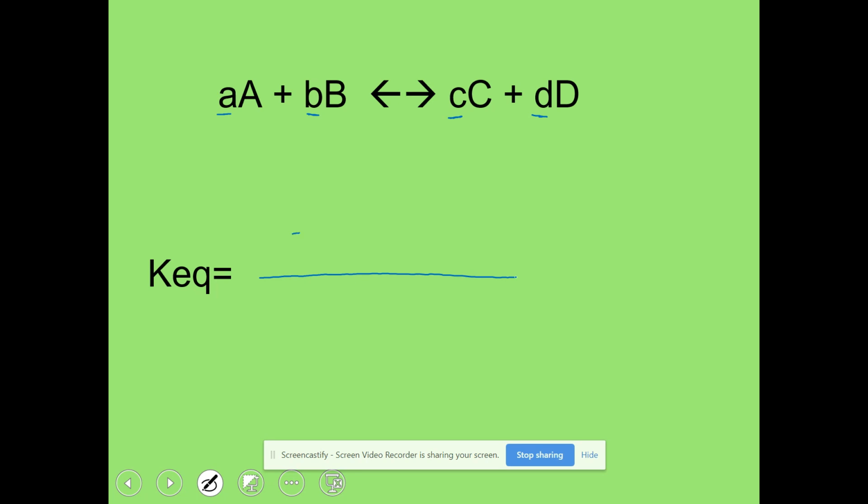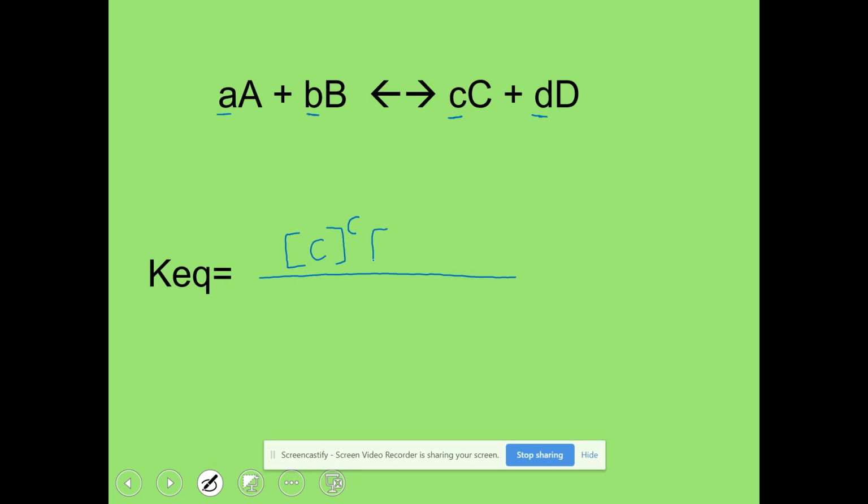So you have whatever the concentration of C, and we use brackets because the brackets mean the concentration of. And they found that it is raised to the power of its own coefficient. So if this is 1C, that's C to the first. If there's 2 moles of C on the product side, then it's the concentration of C squared. If there was 3 moles of C, then it's the concentration of C cubed, and so on.